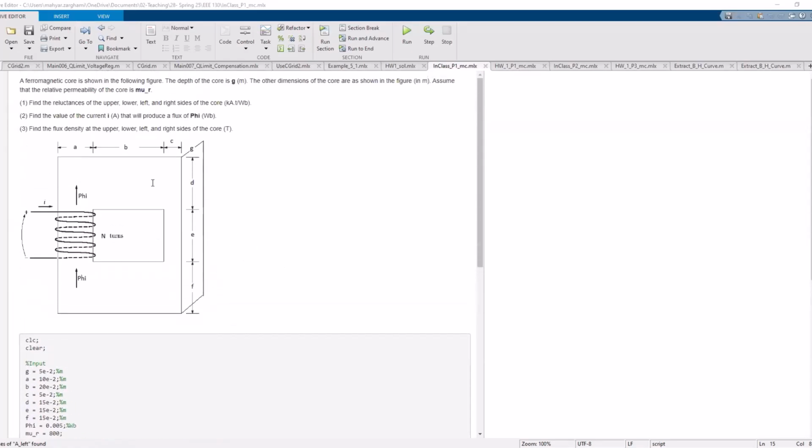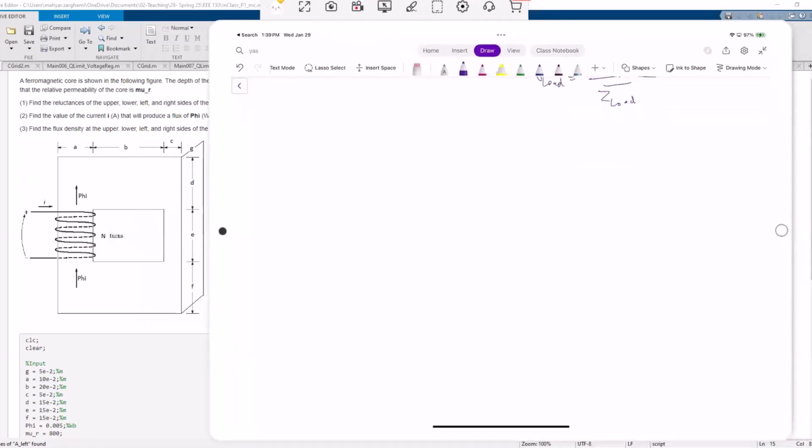So if I want to make an analogy between this magnetic circuit and an electric circuit, we want to draw an equivalent circuit diagram for your magnetic circuit in here. You would have a source here. Your source has an F, or MMF, magnetomotive force.